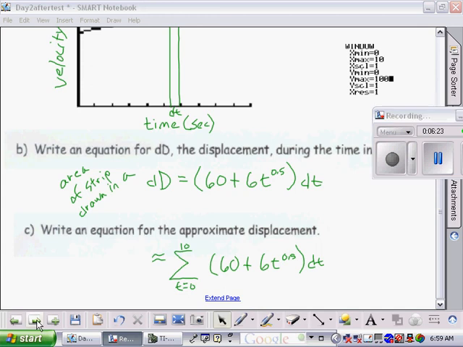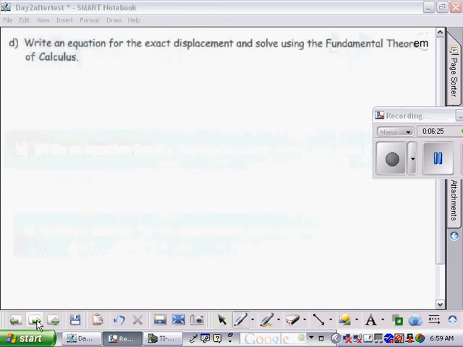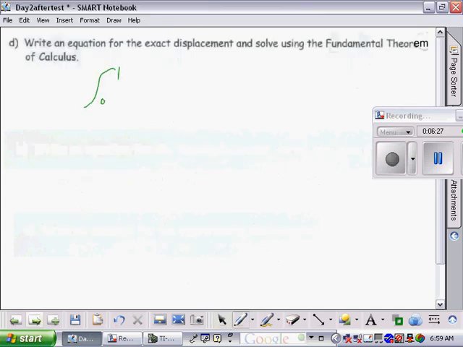I'm fine? Okay. So the last piece is to actually do the antiderivative from 0 to 10 of that same part. And as far as work goes, you're going to actually have to take the antiderivative.